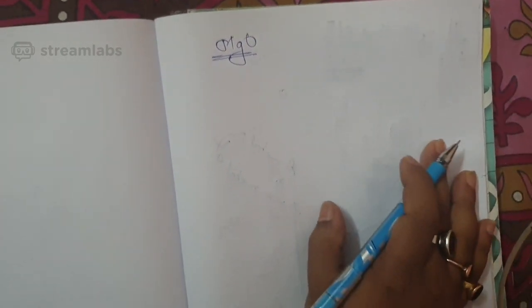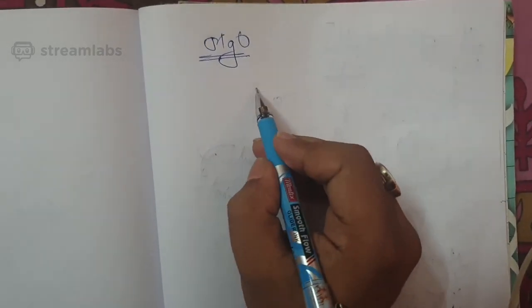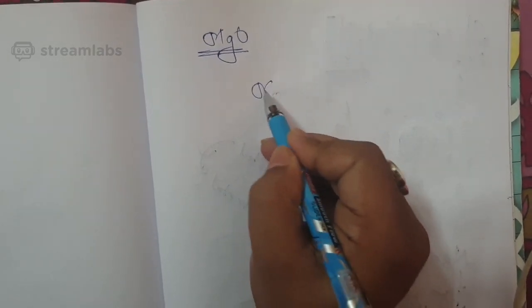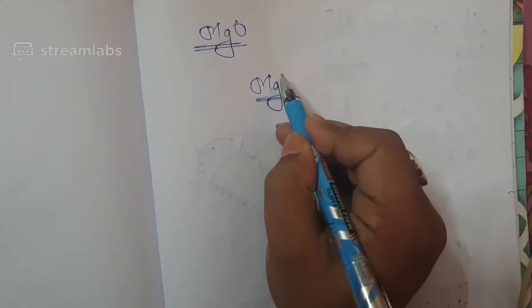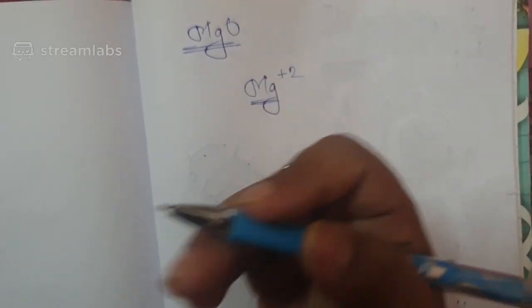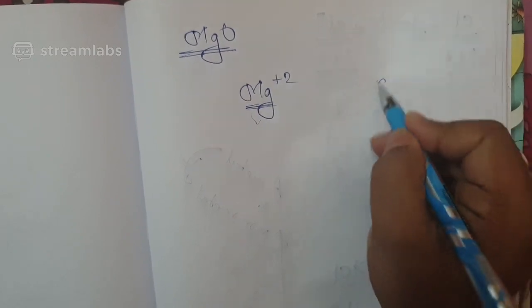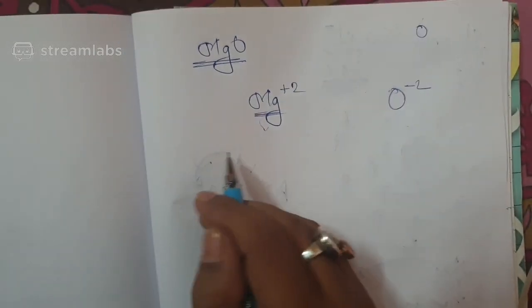Let me give you the example of MgO. In case of MgO, Mg is a metal. You know magnesium is a metal and magnesium is plus 2, and oxygen is minus 2, and you already know they exchange the valency, but I am not talking about exchanging valency here.